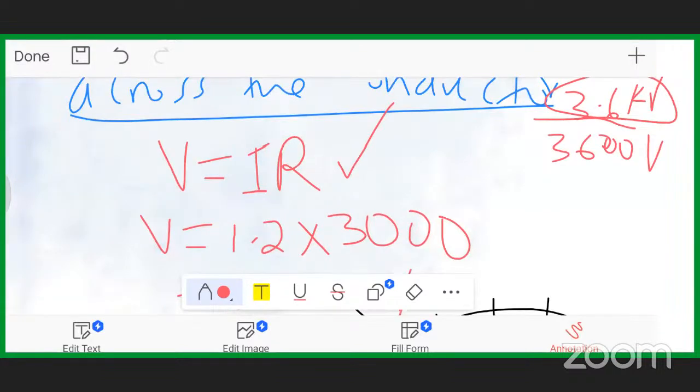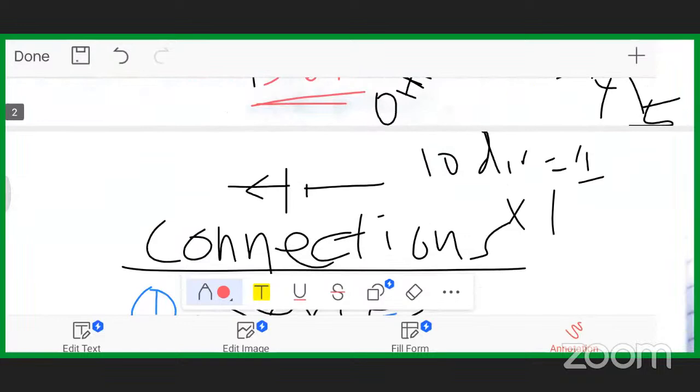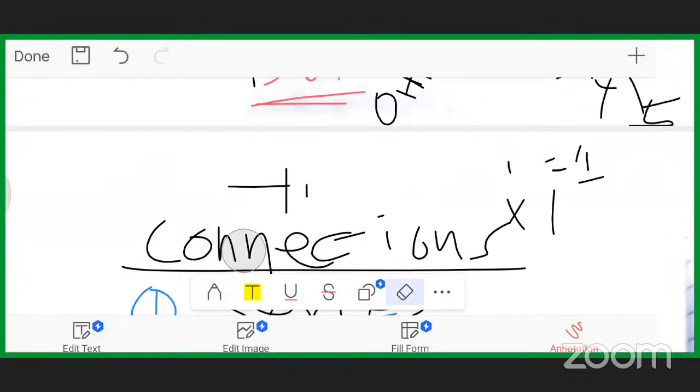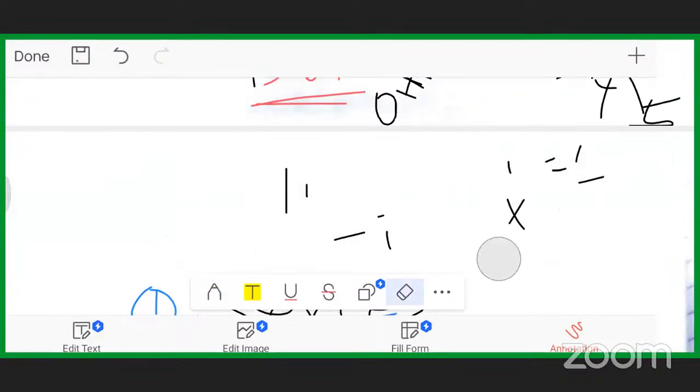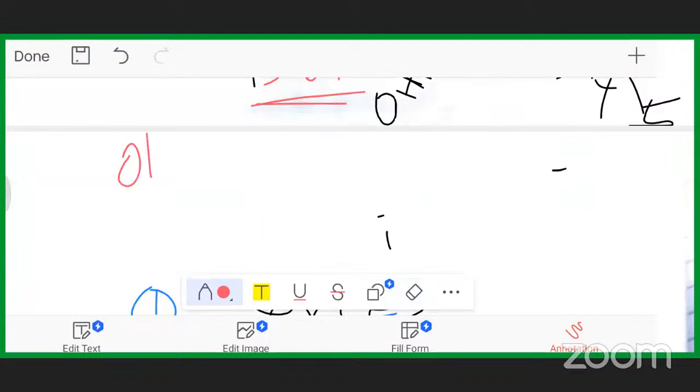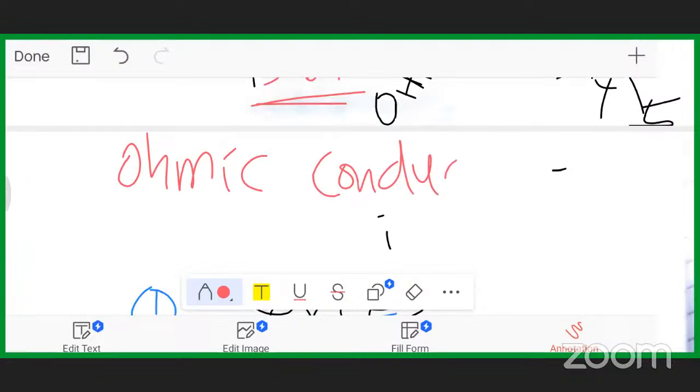Something which I can go on quickly is something to do with ohmic and non-ohmic conductors. This is simple. Ohmic, from the word Ohm's law, conductor. So an ohmic conductor is a conductor that obeys Ohm's law.